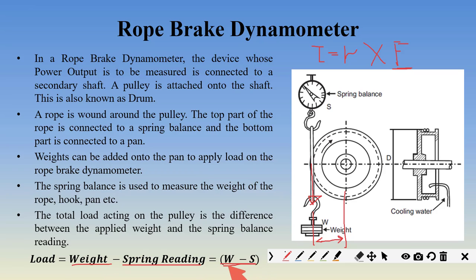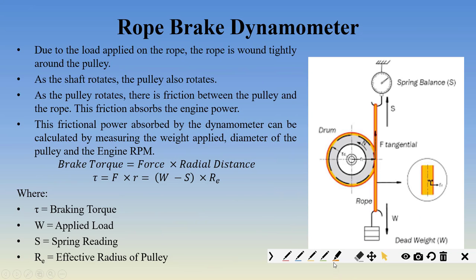This weight minus S, if it is in Newton, it is good. But if it is in kg, what will we have to do to convert mass into force? Multiply this by acceleration due to gravity. So that will be our force.